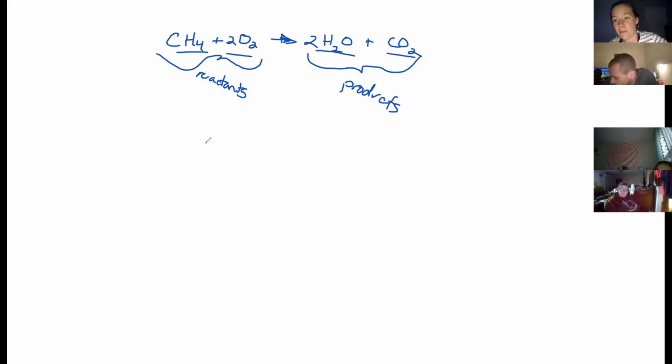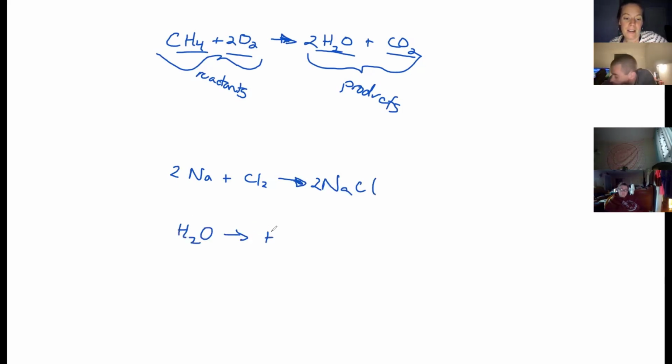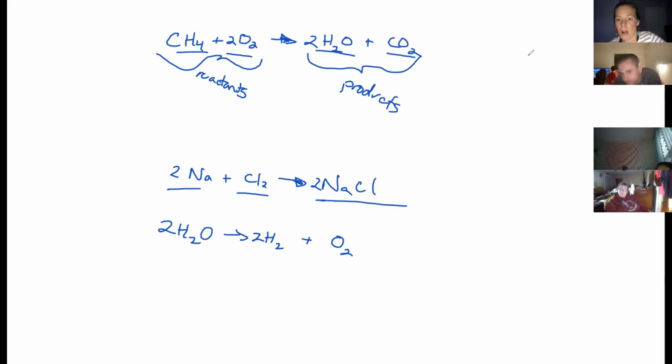There are so many different chemical reactions out there. I could have sodium combined with chlorine to produce sodium chloride. Balance that out. You can have the decomposition of water, H2O, which breaks down to form hydrogen gas and oxygen gas. There are just so many of them, but get in the habit of knowing these are your reactants and this is your product.